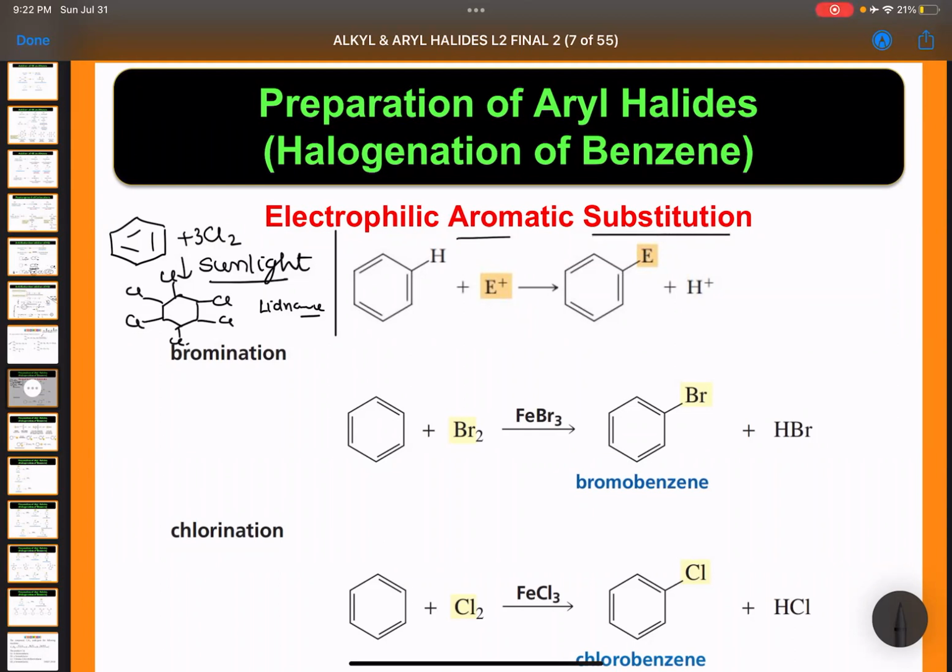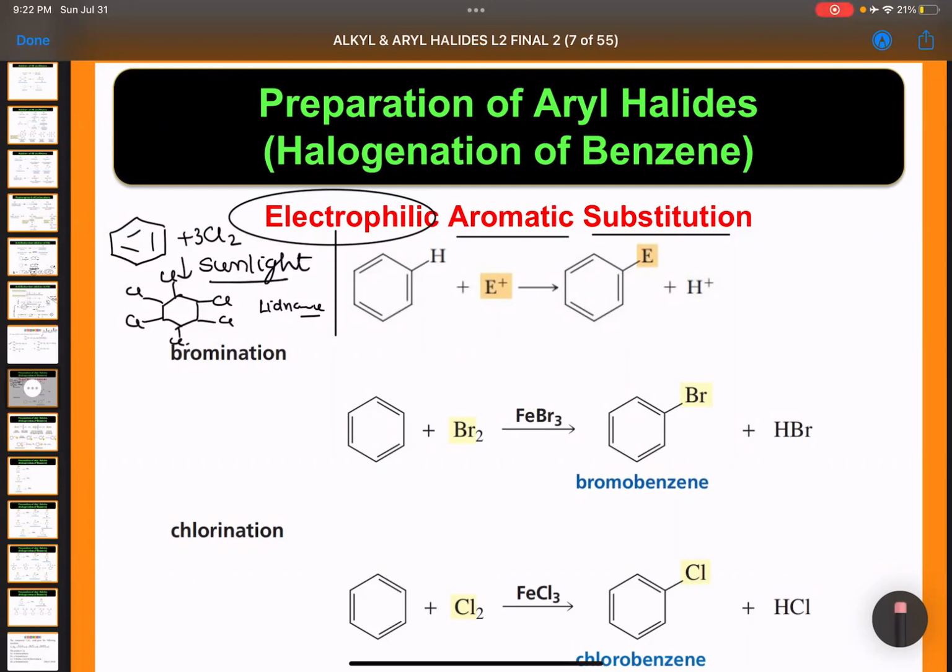It is an aromatic substitution reaction, and because it is taking place on a benzene substrate, it is an electrophilic aromatic substitution reaction. What do you mean by electrophile? Why can't it be a nucleophile?